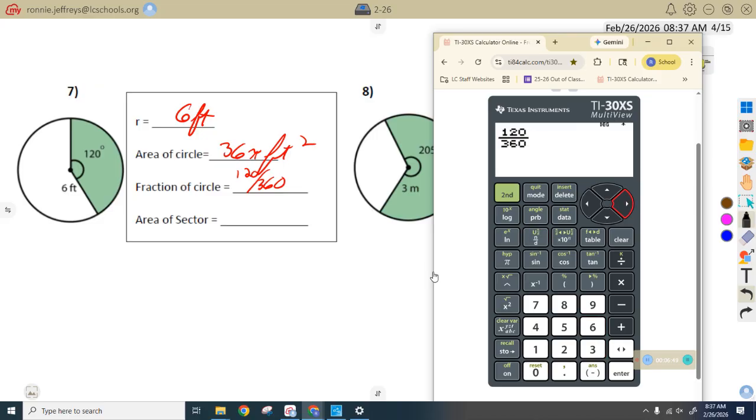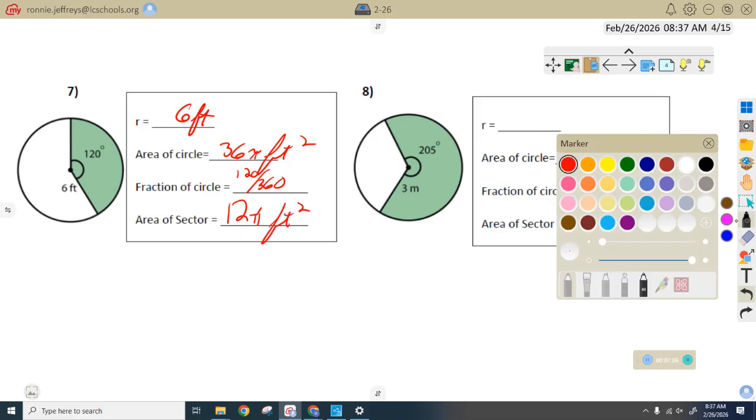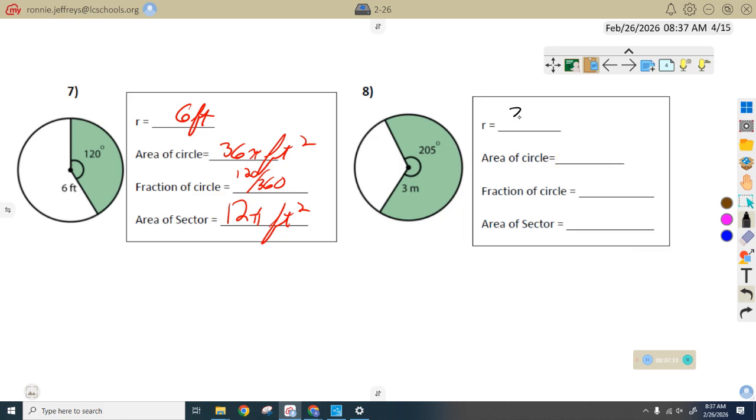Yeah, I know that the denominator got fairly large. All right, so this is going to be 12 pi feet squared. All right, radius is 3 meters. Area would be 9 pi meters squared.